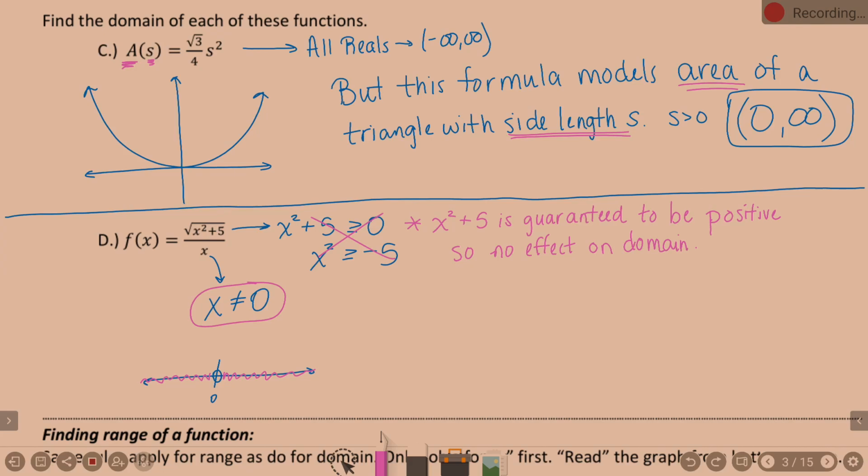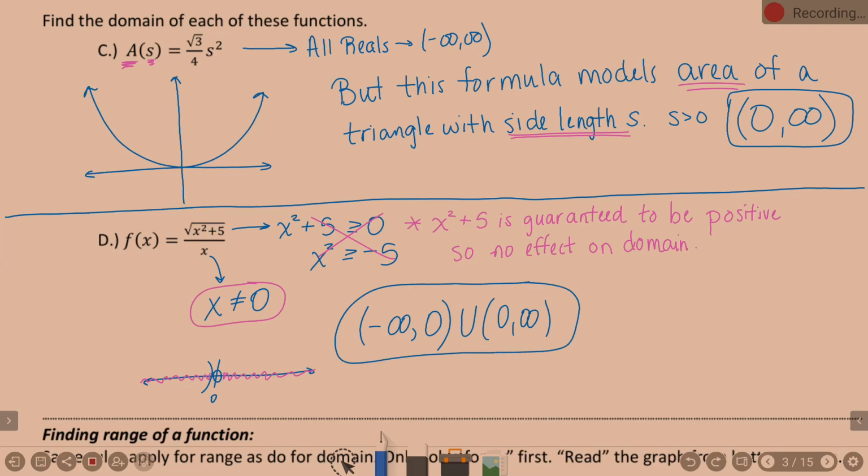How do I write this in interval notation then? Negative infinity to 0. X can't be 0 though, so we're using parentheses. Union 0 to infinity.